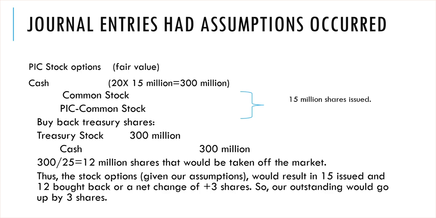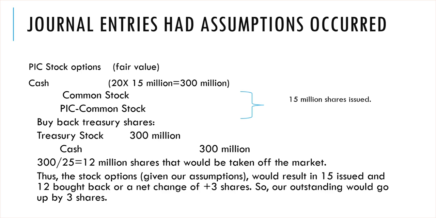You have 15 million shares which are issued, and so outstanding will go up, but you also have outstanding going down because you're buying back treasury stock. And so you would have a net effect. Here it's calculated 15 issued and 12 bought back. So the net change in your weighted number of shares outstanding is only going to be 3.